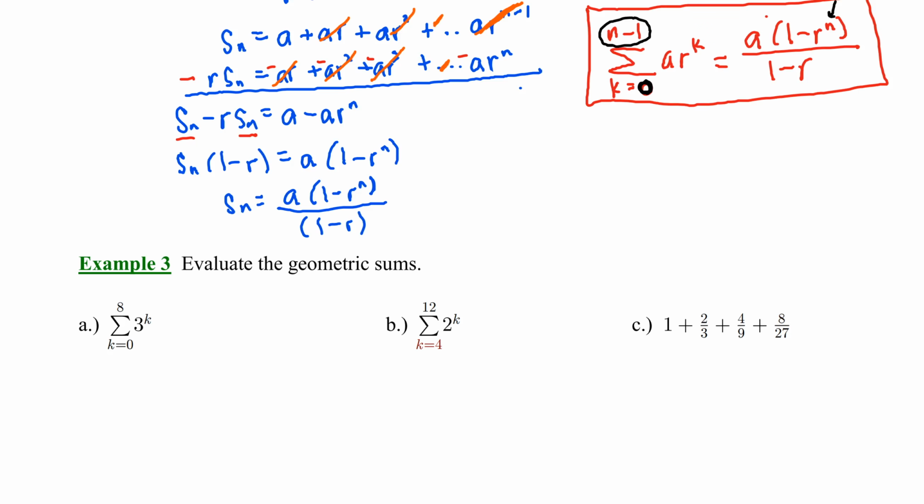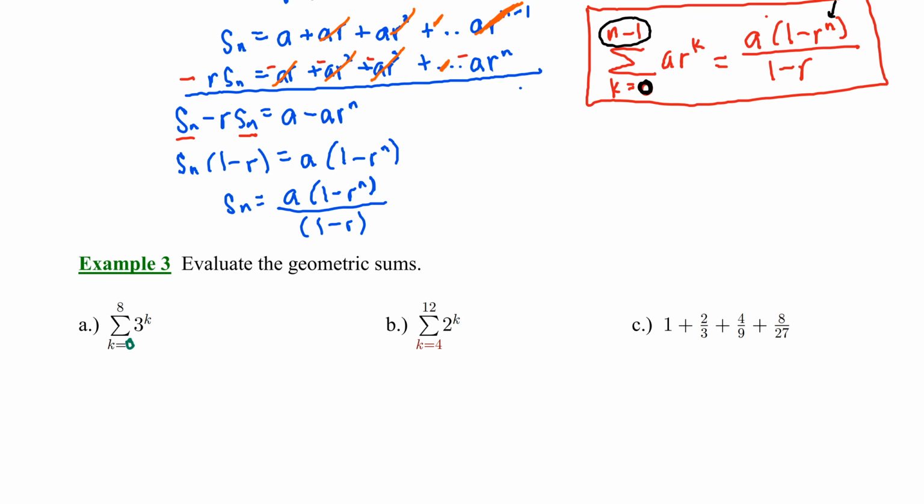Evaluate the geometric sums. First of all, we're going to find the sum from k equals 0 to 8 of 3 to the k. Notice I have a constant base and I've got my index in the exponent, so this is a geometric series. Also notice the important detail that the lower limit of summation here is 0.